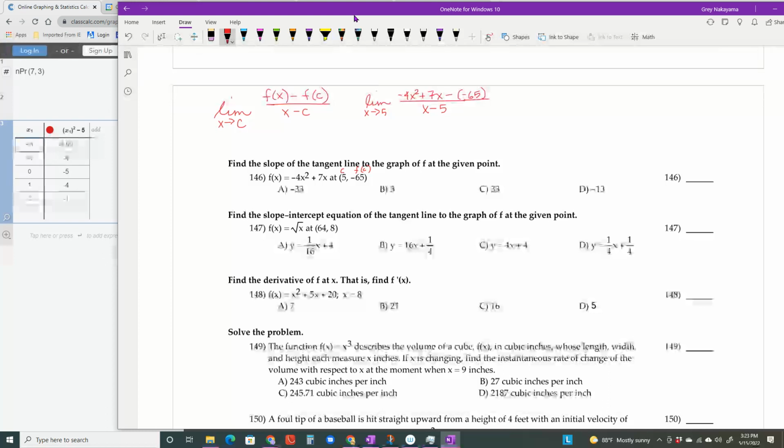Okay, now I told y'all these are contrived, so what you need to think about is this numerator. If you take a negative out, I'm left with 4x squared minus 7x minus 65.